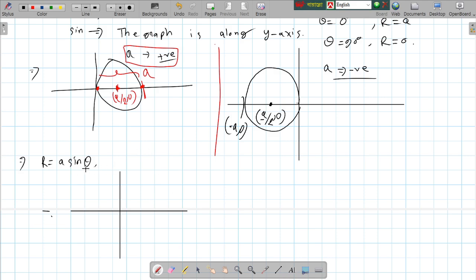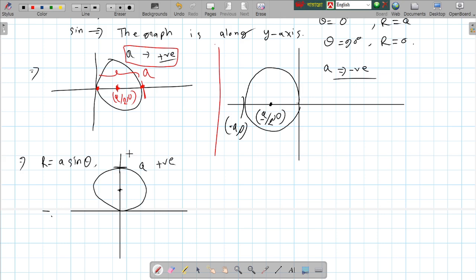So if a is positive, we get a circle on the positive side of the x-axis, and the main axis is y. Along the y-axis we get the circle.